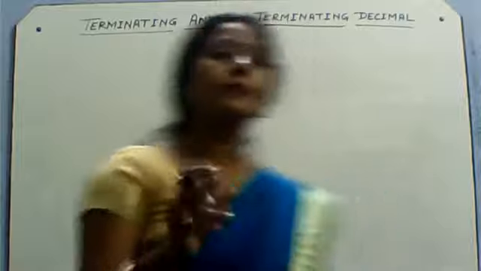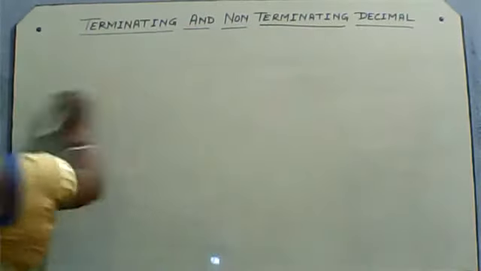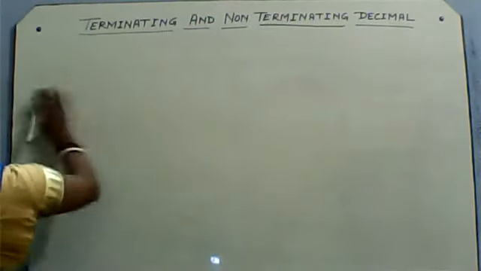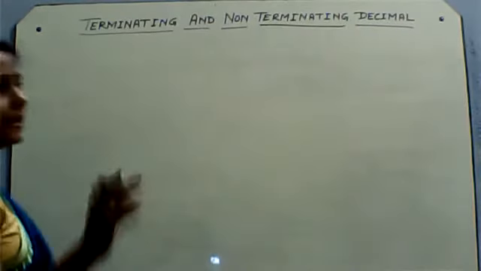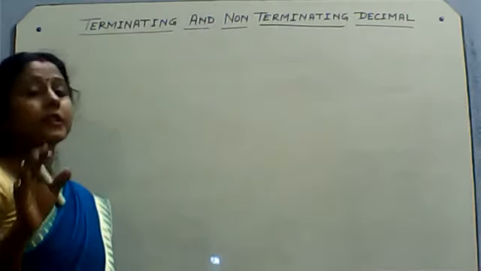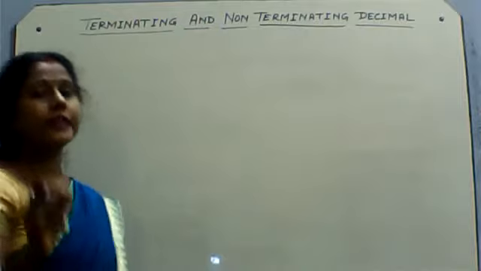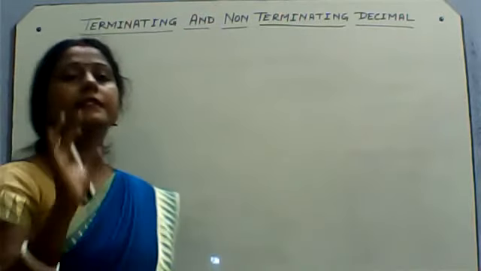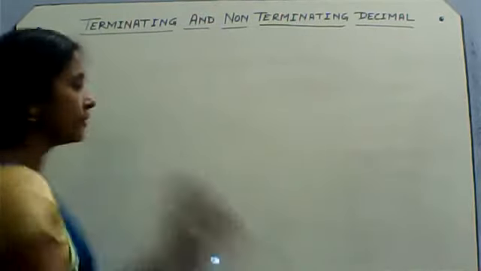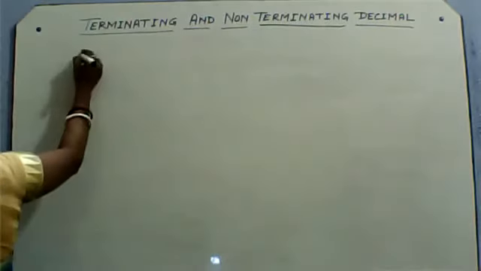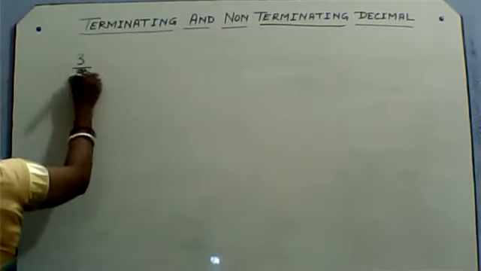What are terminating decimals? When you divide any number by any number, if you do not get any remainder, then that is a terminating decimal. Suppose you take the fraction 3 upon 4.